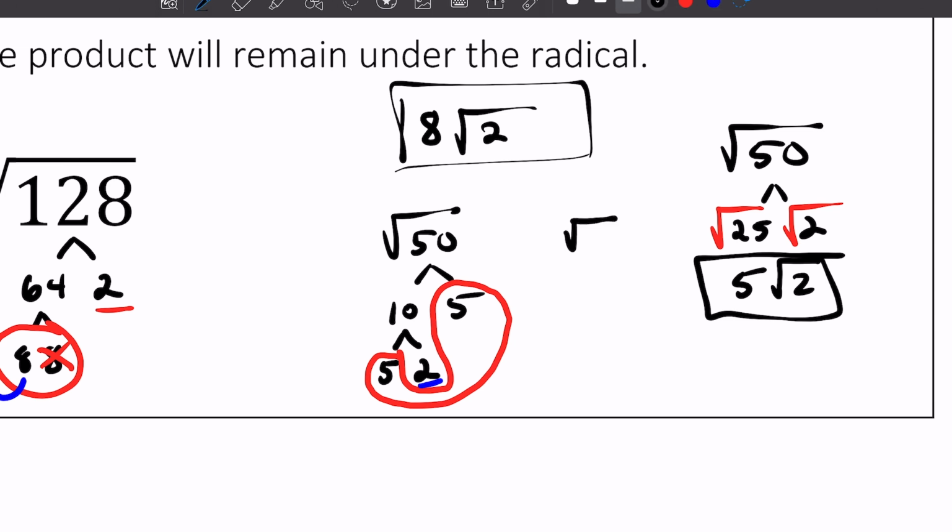You're going to draw your little square root. And since you have a pair of the same numbers, one of the 5s will come out, and the other one is going to get eliminated. Okay? And then that little 2 is going to go under the radical. So your answer is 5 times the square root of 2.